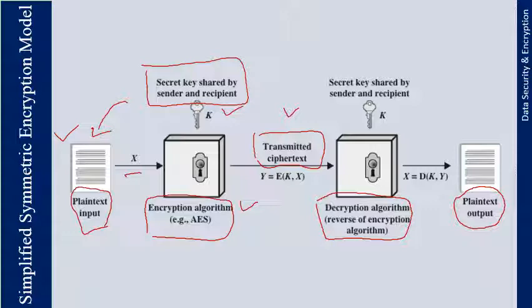So if we represent it mathematically, we have an encryption key, we have a message known as plain text, and we use an algorithm called the encryption algorithm, and we have a transmitted message.